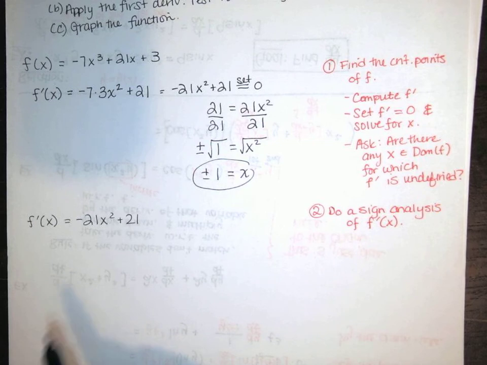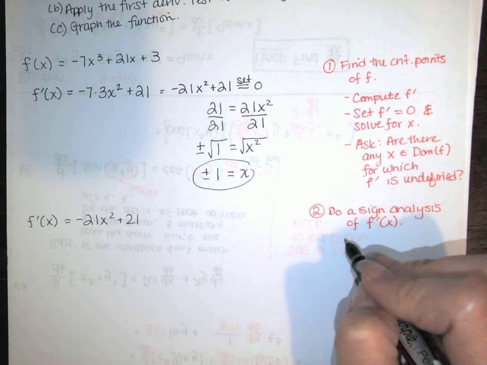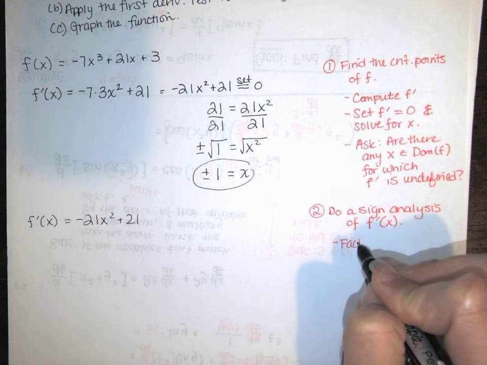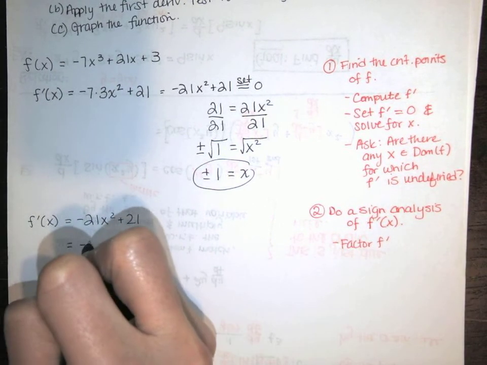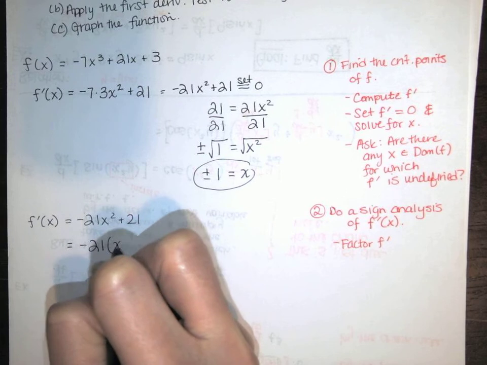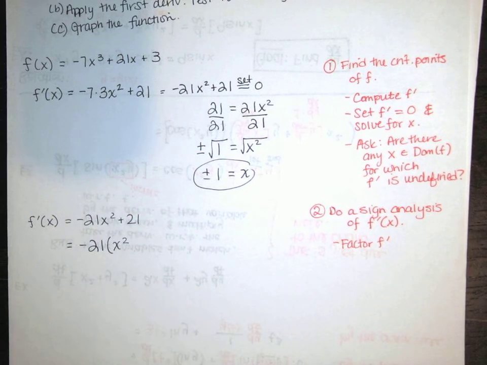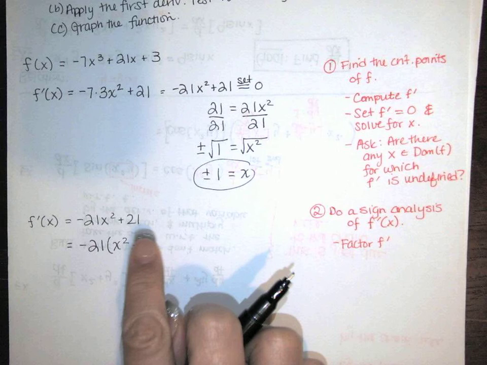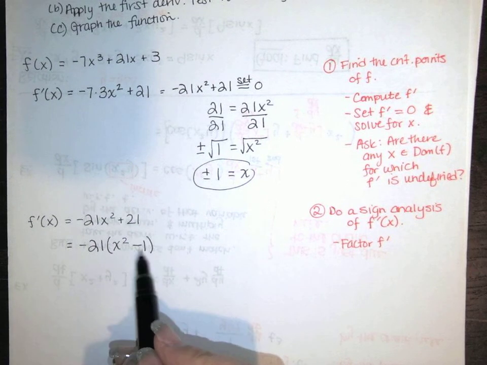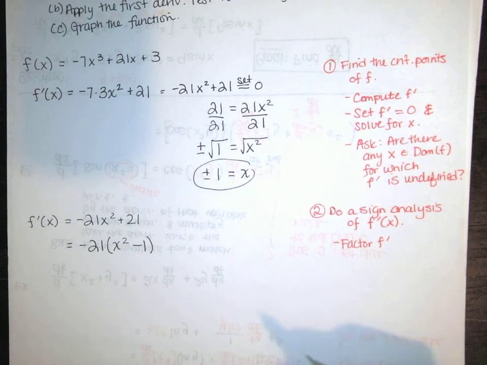To do the sign analysis, the first thing you do is you factor f prime as much as possible. So we'll factor out the -21. -21 times x squared gives us our first term, and -21 times -1 would give us +21. And that's a difference of squares.